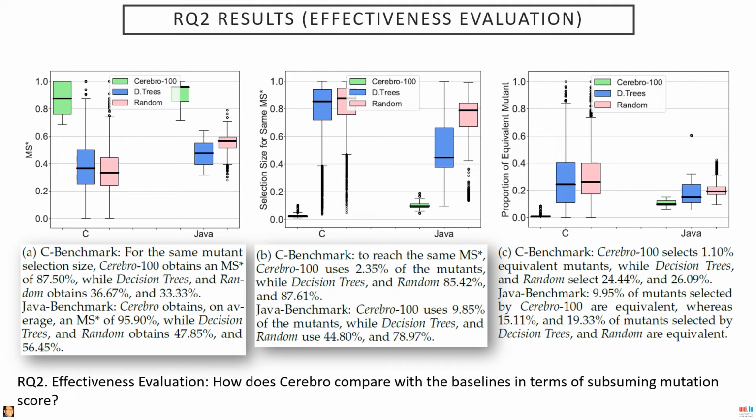Also, to reach the same subsuming mutation score, Cerebro selects 36 times fewer mutants in C projects and 8 times fewer mutants for Java projects. This means twice the effectiveness, with much fewer mutants selected.